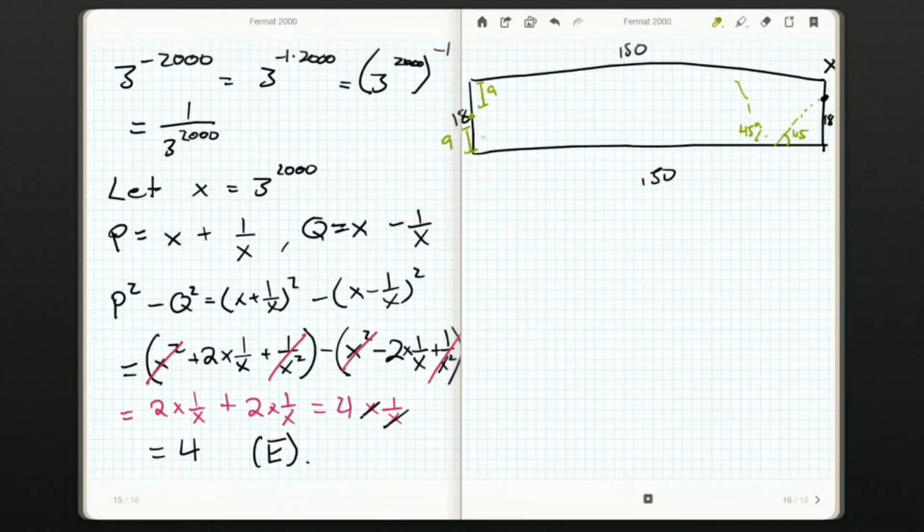So to get to this height of 9, he must have been walking and just continues on like that, and each of these angles is going to be 45 degrees.